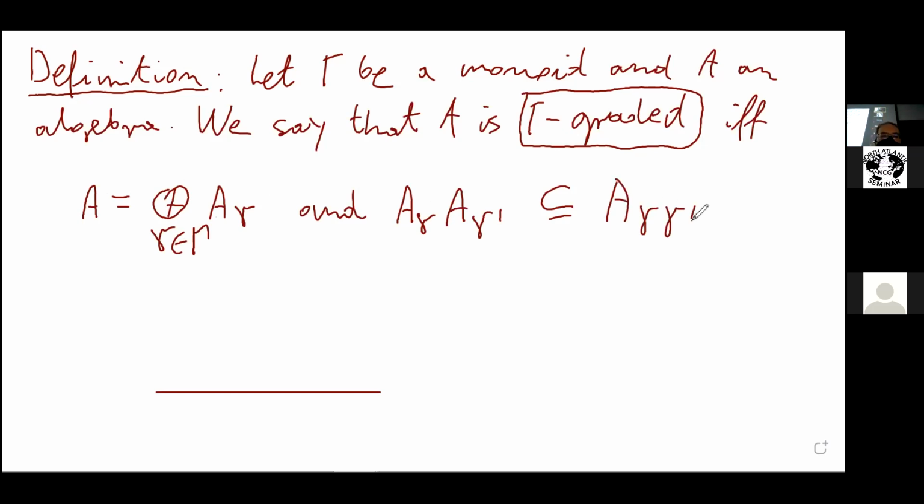Okay, so first I have a vector space decomposition of my algebra A into the direct sums of A_gamma. And these A_gamma are compatible with a monoid structure in the sense which I wrote right in here. And this is called gamma grading.